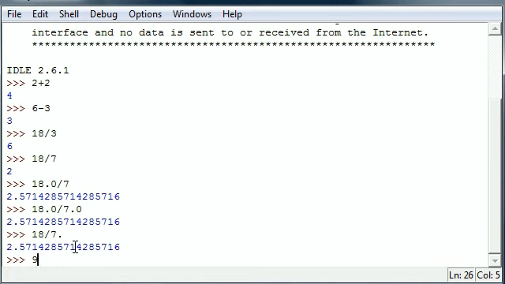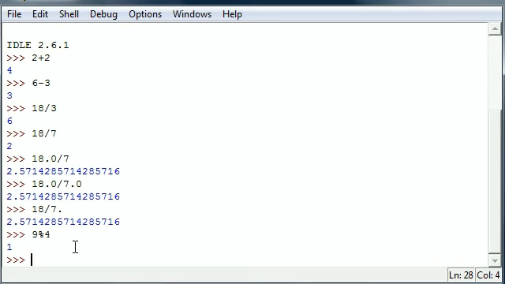So 9 divided by 4 is 2 with a remainder of 1. So once you do 9 modulus 4, it's going to give you the remainder, which is 1. So the modulus, whenever you do that, it's just the remainder.